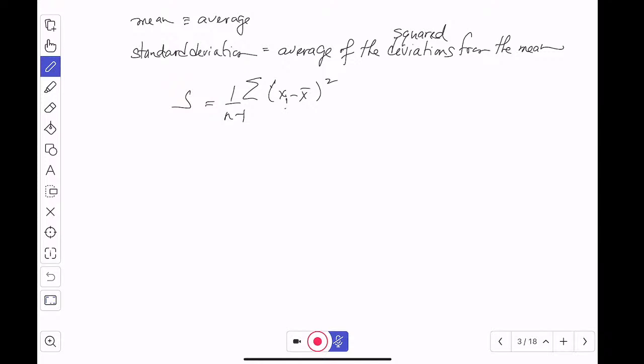So if you try to average the deviations from the mean, once you sum all these deviations, the result is 0. Now watch that video about the standard deviation to follow and understand that, but the sum of all these deviations is 0 because the mean is closest to all the values on each side.